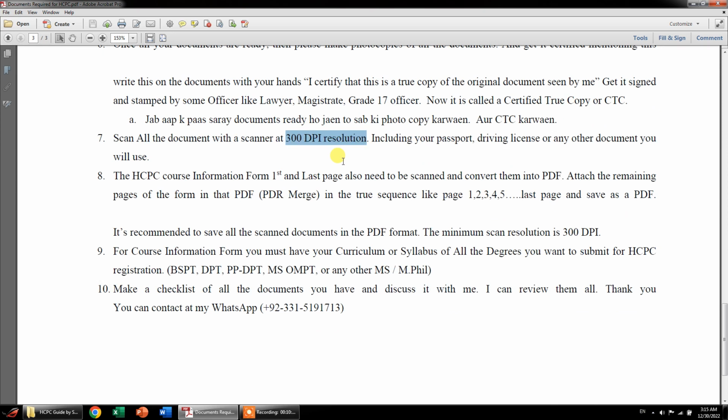And then the HCPC course information form, first page and last page, which we are going to discuss inshallah in another video, how to fill this form and then how to make that form. For this purpose you have to contact your institute and your university especially to get the syllabus, or sometimes there are people who take a small amount of money to fill these forms for you and get it signed and stamped by yourself.